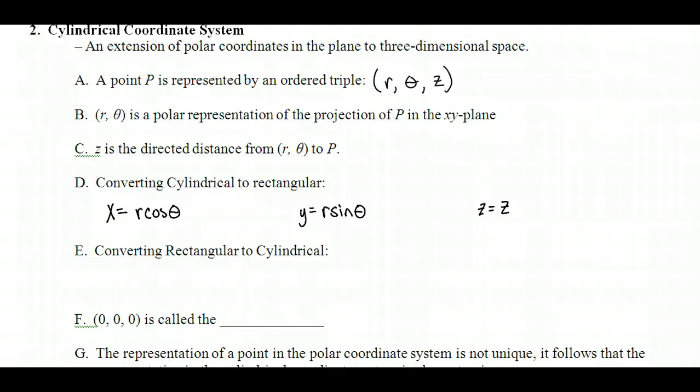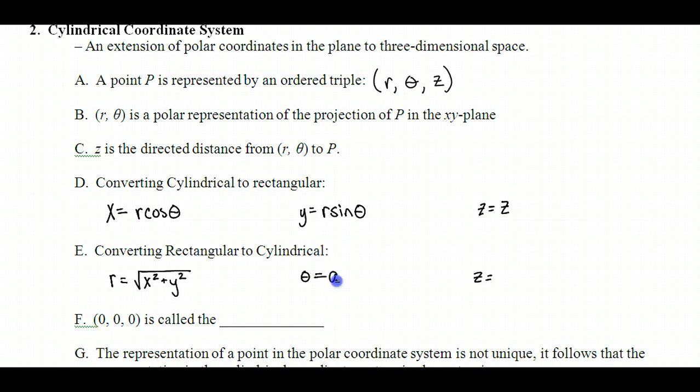If we have to convert rectangular to cylindrical, so I have rectangular, x, y, and z, and I want to create my cylindrical, meaning I have to figure out what r, theta, and z are. Well, this stuff we should remember. If I have to create r, and remember it's rectangular to start, so I have x, y, and z, r is just the square root of x squared plus y squared, exactly what we did in chapter 10.